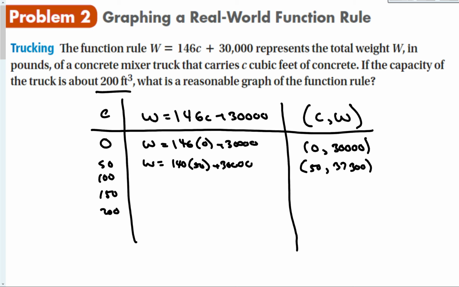Now, did you have to pick these numbers? No, you can pick any inputs that you want. It makes sense to me to go by 50s, so I only have to do 4 calculations, and I'll get nice data to make a nice graph. 146 times 100 plus 30,000 gives me input of 100, output of 44,600.